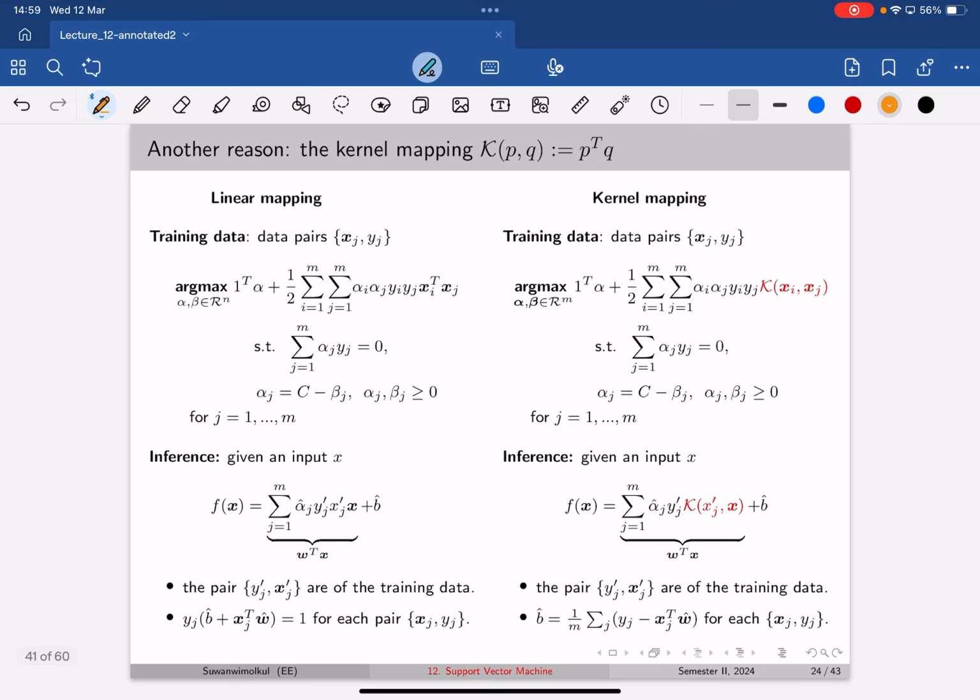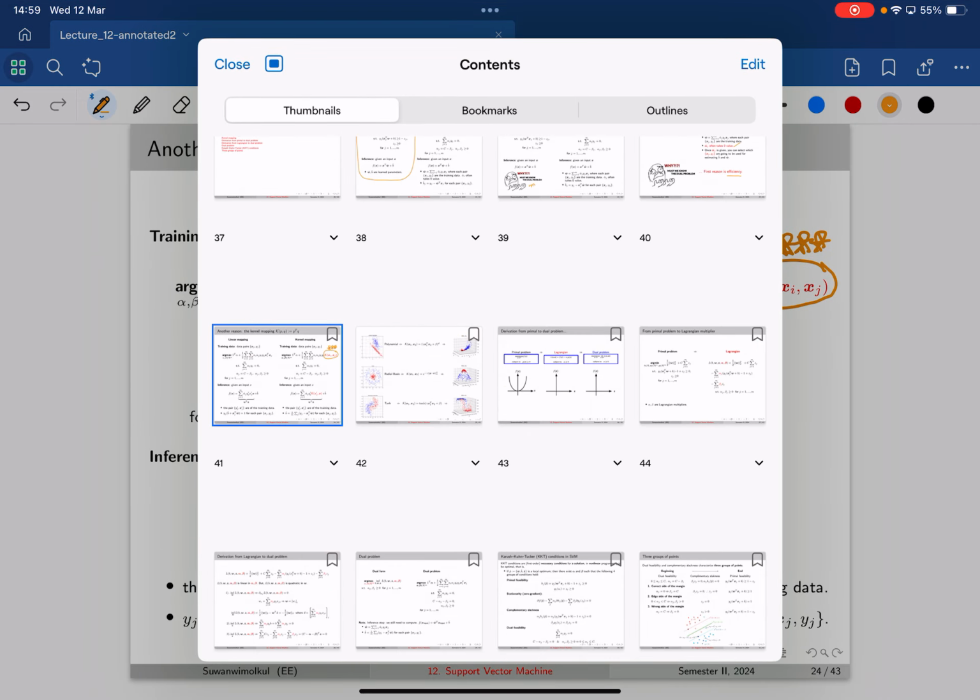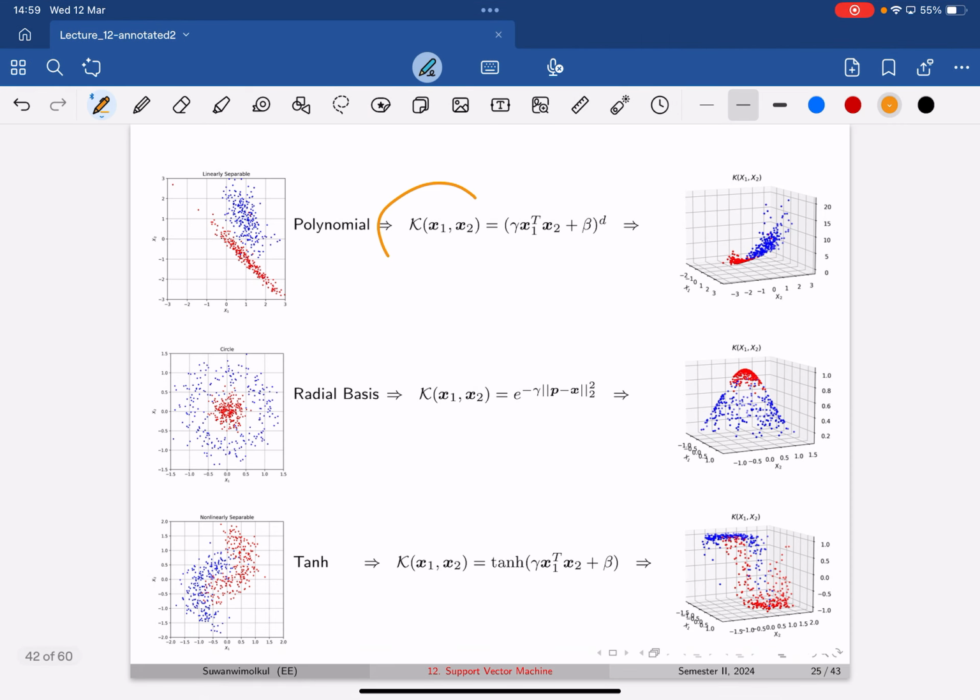Second, it enables a different feature that we call the kernel. It's the new mapping function that we introduced earlier in this class, where you can have a radial basis function or hyperbolic tan function to map your complicated data samples so that they can be separated from one another. That came from the benefit of the kernel function. In other words, those functions that you've seen before are actually the kernel functions.